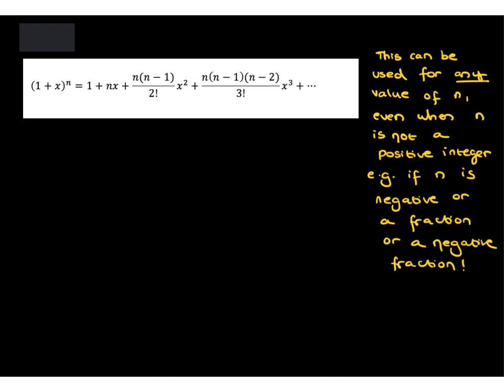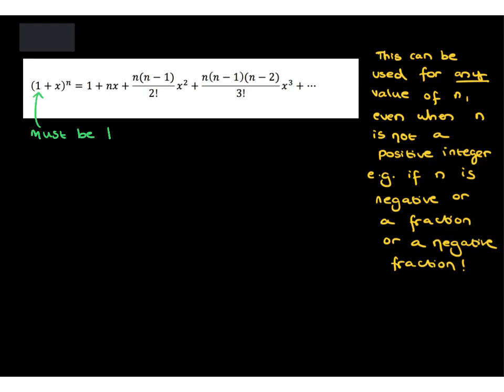Now, if we're going to use this to perform an expansion, then this part here has got to be equal to 1. And if it's not, there are some steps that we have to take to ensure that we have a 1 there. Now, something that you are going to learn about in much more detail in the next lesson is that when n is a positive integer, this expansion will give you a finite summation of terms.